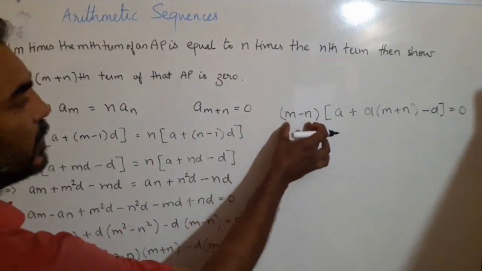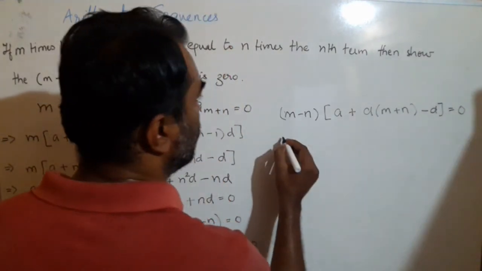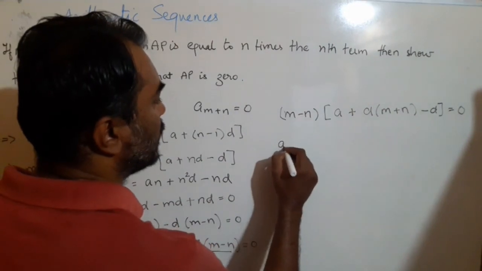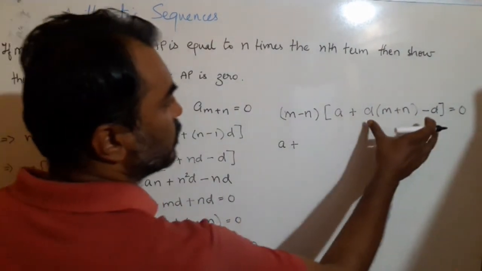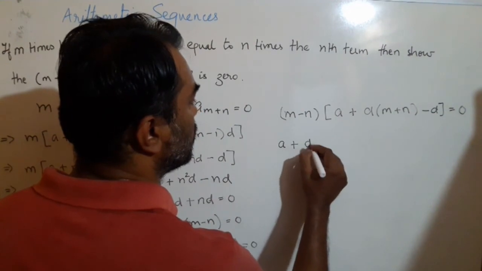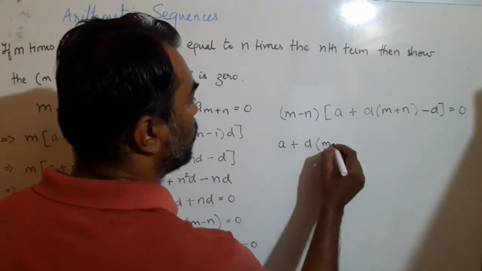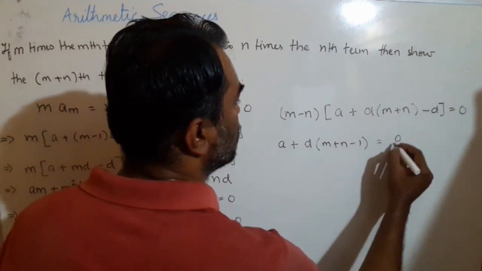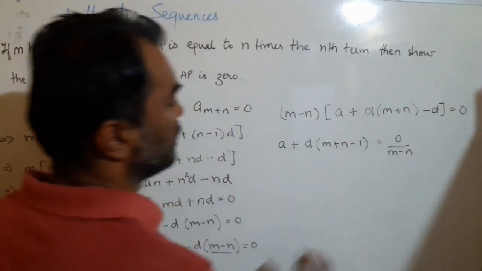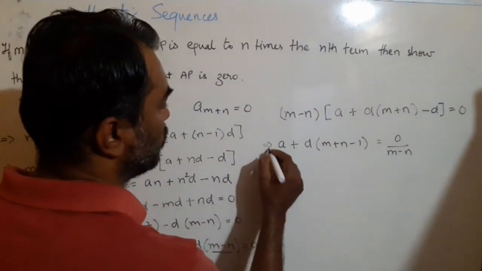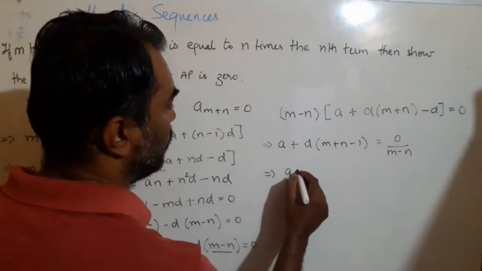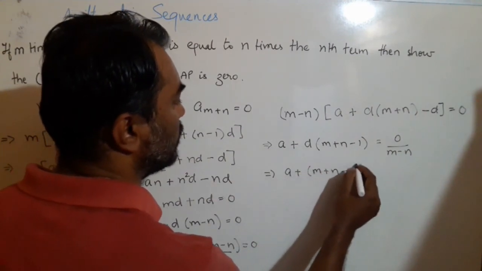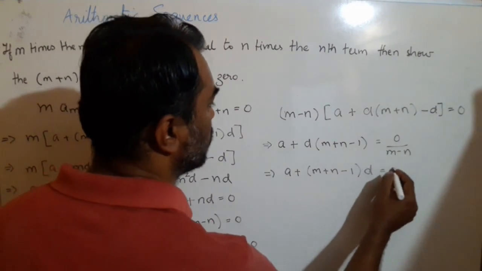Now taking m minus n into the denominator will give us the same thing. We'll take it into the denominator. So what is left here? We have A plus, from these two I take out the D common, so I get (m plus n minus 1) equal to 0 upon m minus n. This results in A plus (m plus n minus 1) D equal to 0.